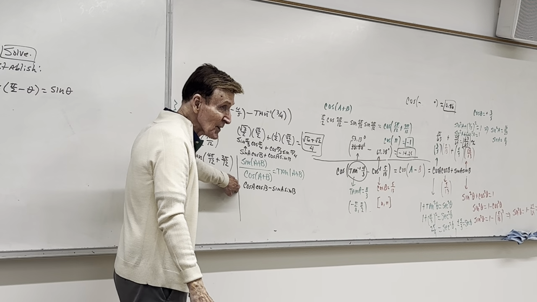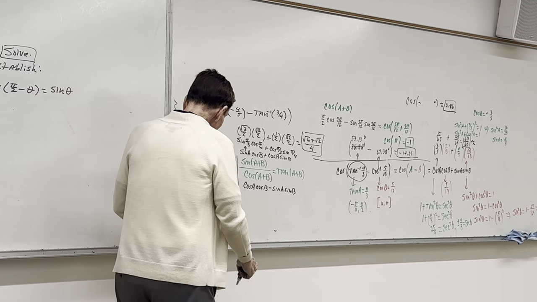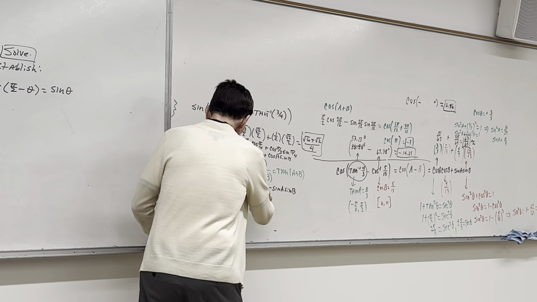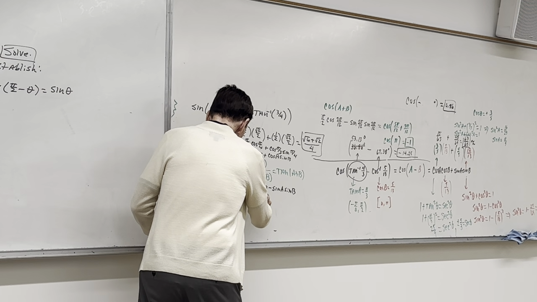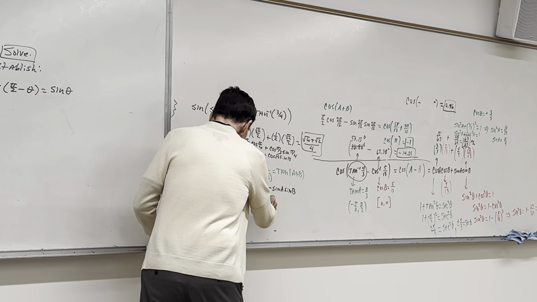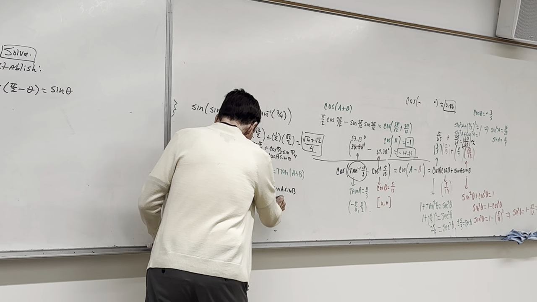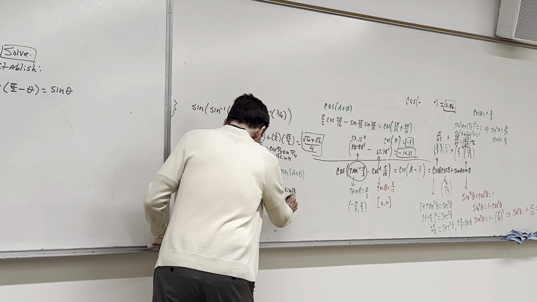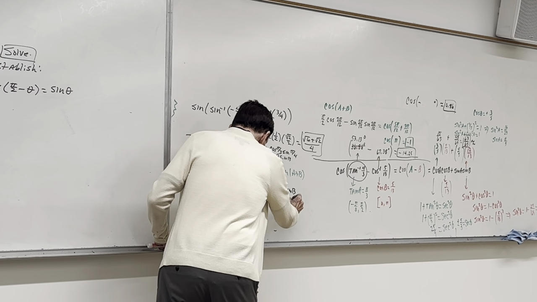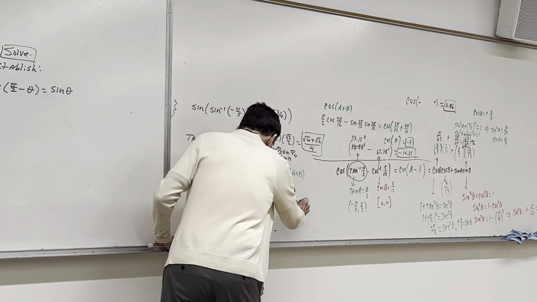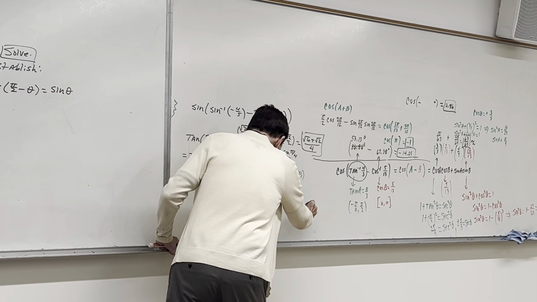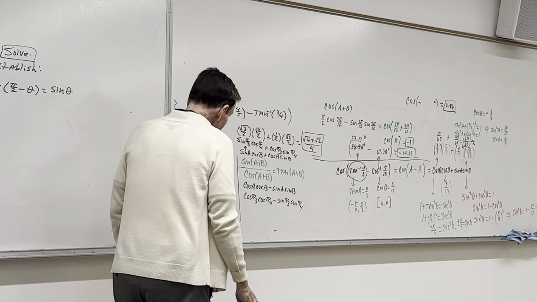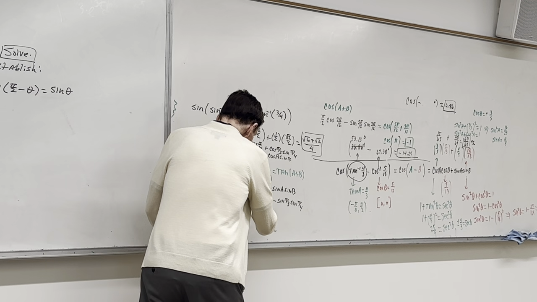Now, denominator. That says cosine, what was it? Cosine pi over 3, cosine pi over 4, minus sine pi over 3, sine pi over 4. You guys have worked hard tonight. Guys, cosine of 60, help me out. 1/2.